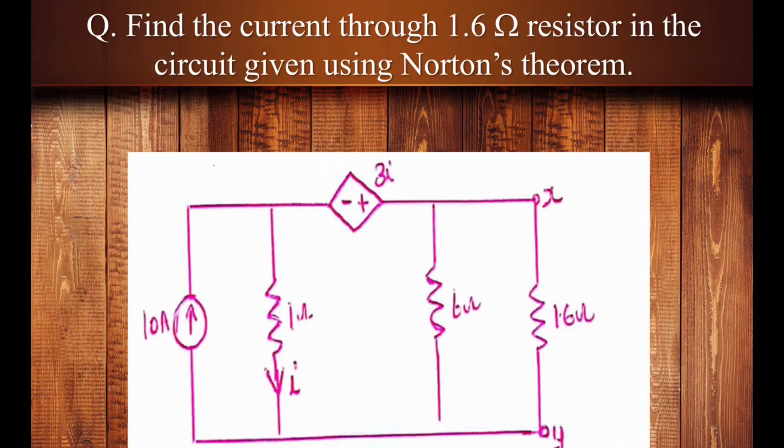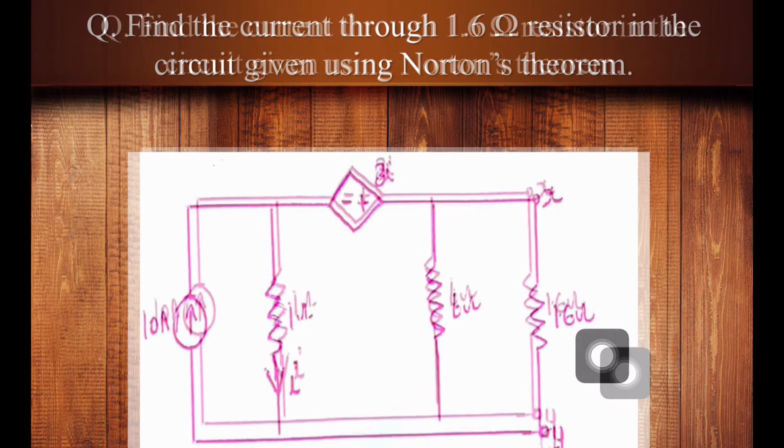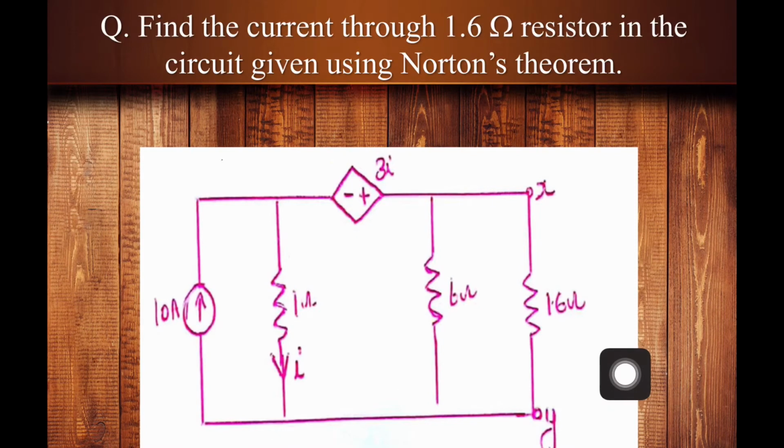Find the current through the 1.6 ohm resistor in the circuit given using Norton's theorem. Our task is to calculate the current through this 1.6 ohm using Norton's theorem. So first we remove this 1.6 ohm and then find out the Norton equivalent circuit of this network without the 1.6 ohm.